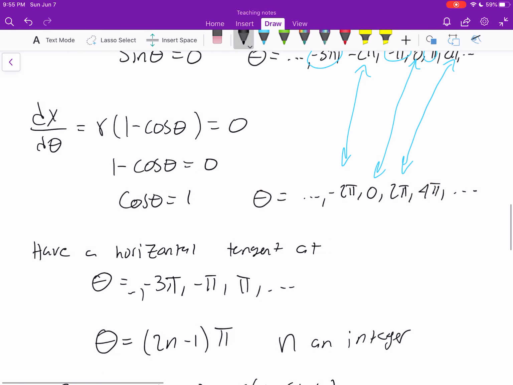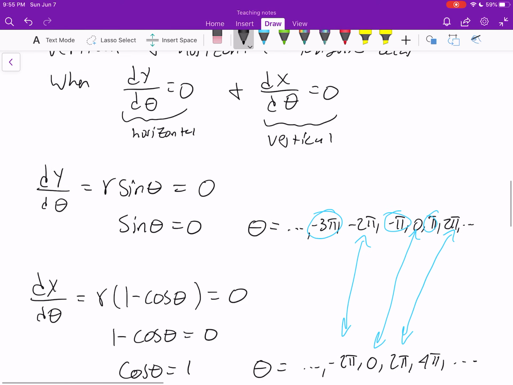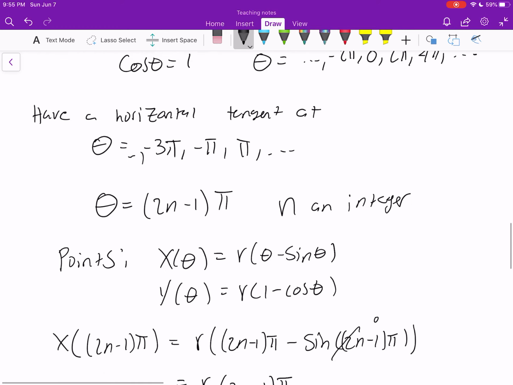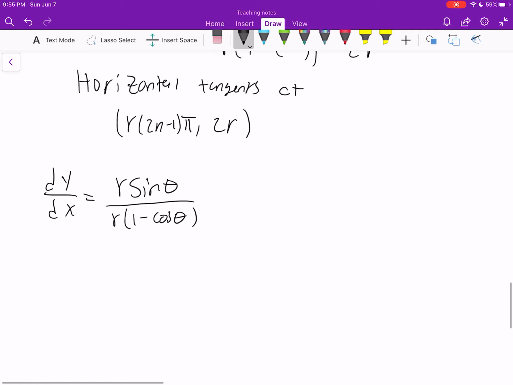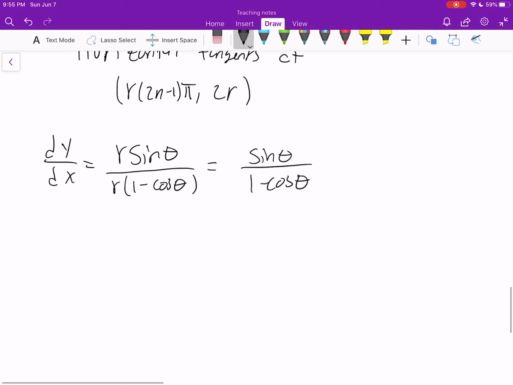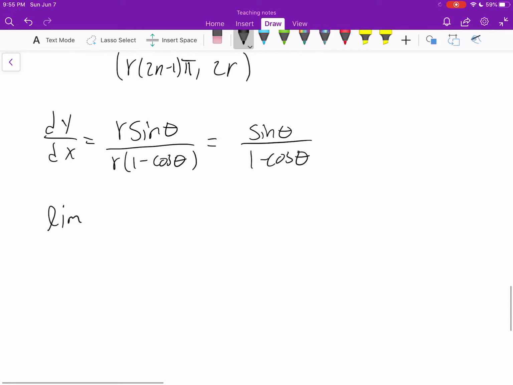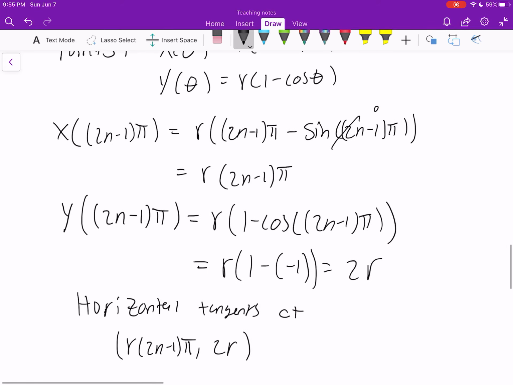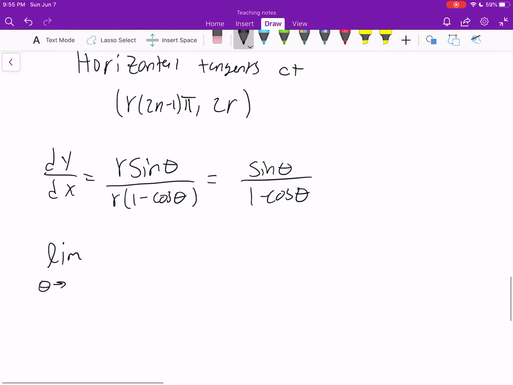So let me go back up and check to make sure that I'm not writing anything down incorrectly. So r sine theta divided by r times 1 minus cosine theta, yeah. So this is sine theta over 1 minus cosine theta. Now let's look at the limit as theta approaches the even multiples of pi.